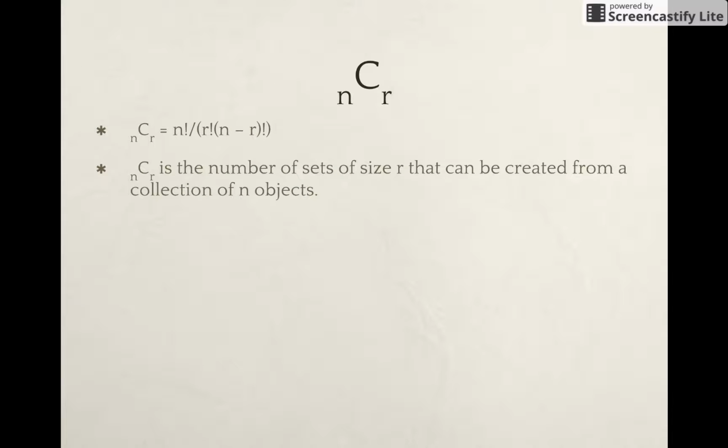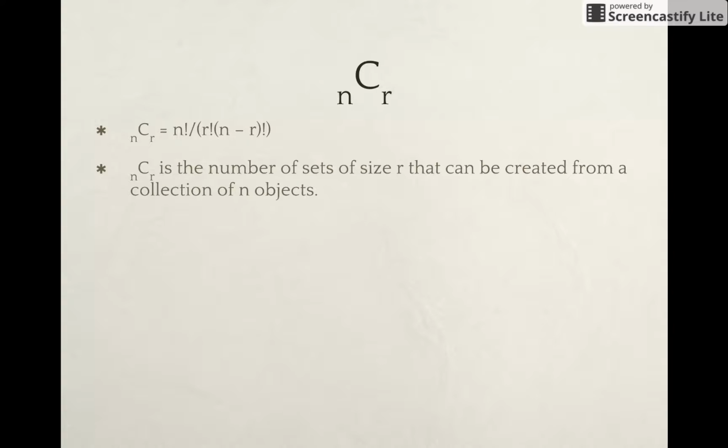To calculate the number of sets of a certain size, we use nCr. This is n factorial divided by the product of r factorial and n minus r factorial. So you'll see here that if you compare that back to nPr from our previous presentation, it's very similar. There is just one difference.